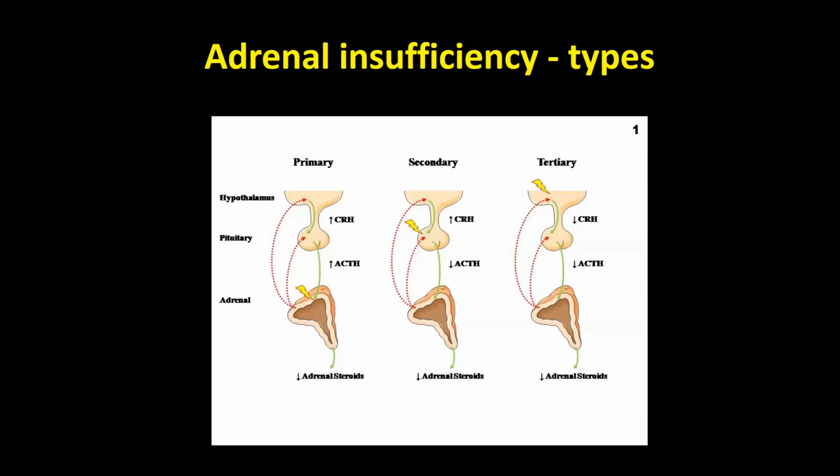So first, a little bit about adrenal insufficiency and thinking about types of adrenal insufficiency as well. So we talk about primary, secondary, and tertiary. Primary, of course, is where the pathology is usually within the adrenal glands, secondary within the pituitary, and tertiary within the hypothalamus.